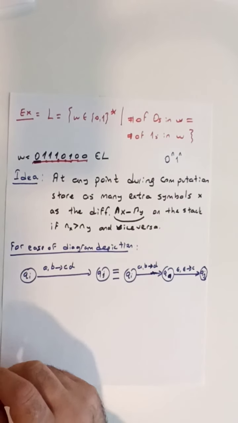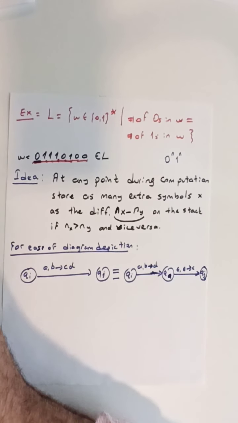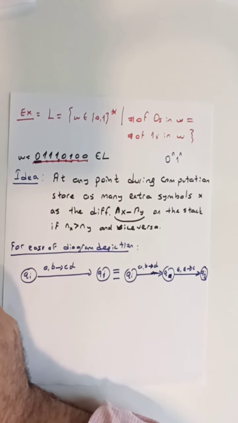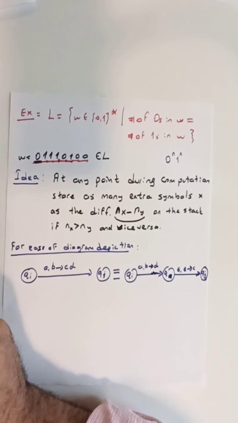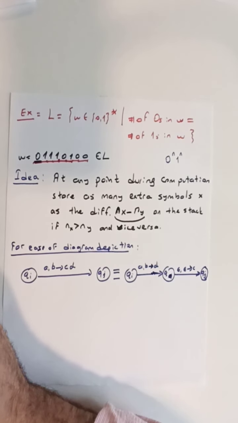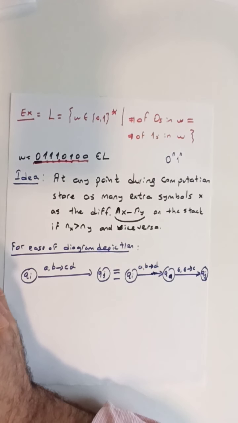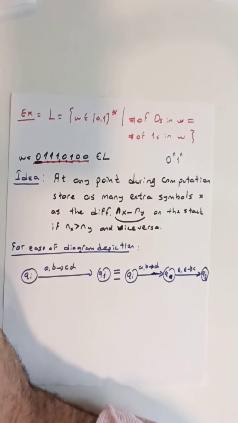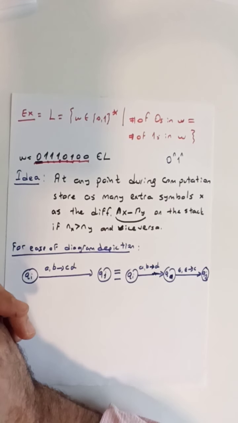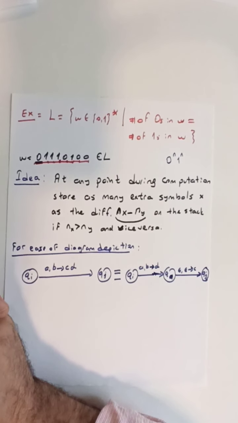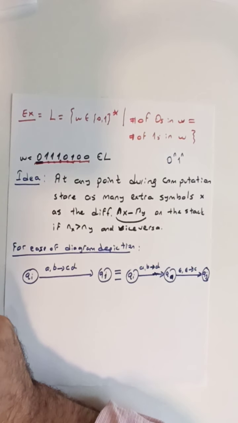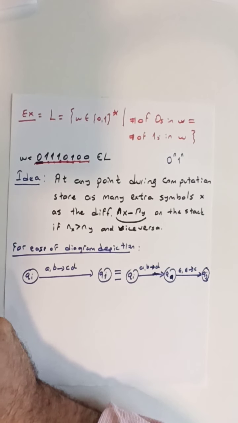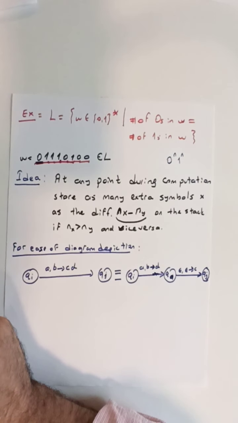The main idea, remember, was to keep on the stack as many extra symbols as the extra ones, and if we can keep the stack to store that many symbols at any time, then upon processing a new symbol from the input tape, let's say if we see a new symbol 0 on the input tape, and if we have 4 zeros in our stack, this means that so far the number of zeros is 4 more than the number of ones.